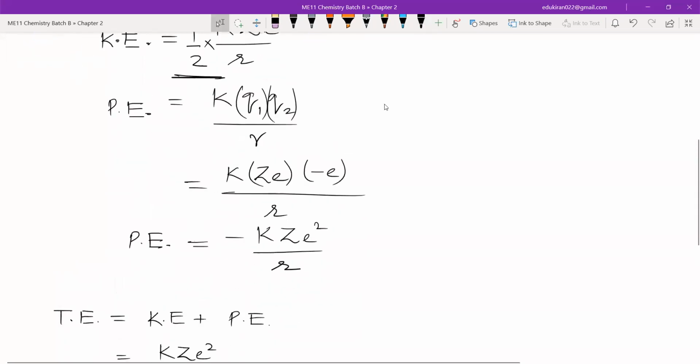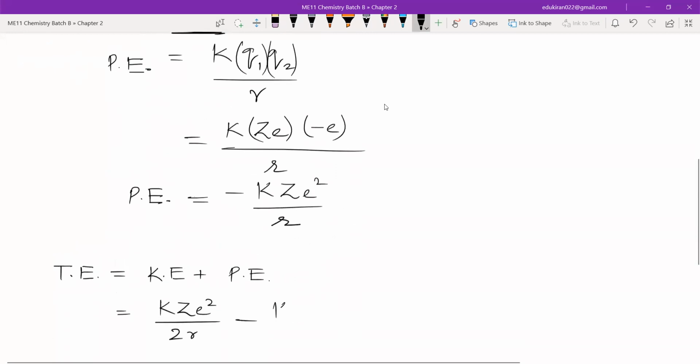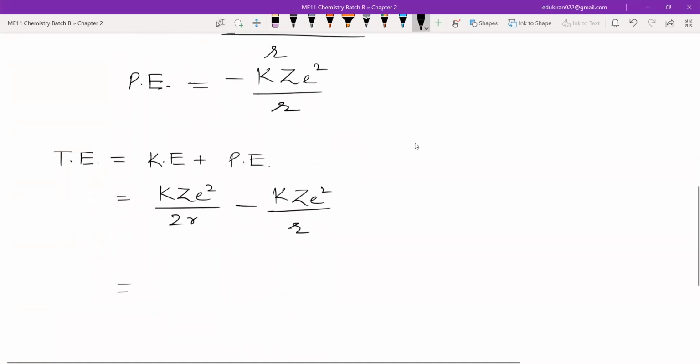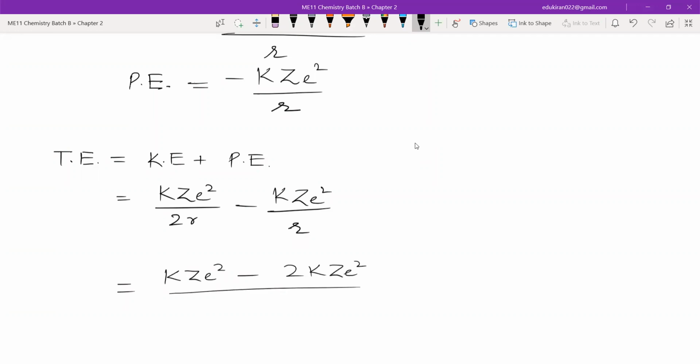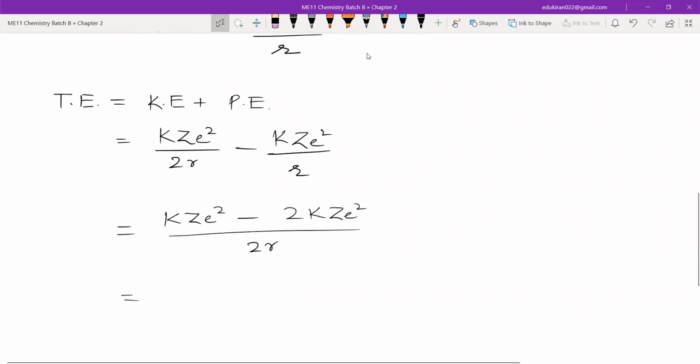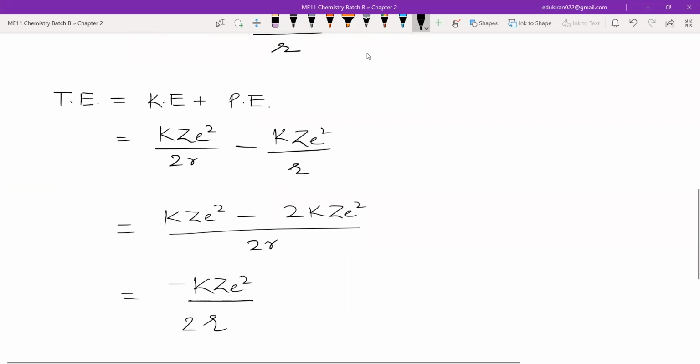Then you have minus KZe² upon R. So this will be equal to (KZe² minus 2KZe²) whole divided by 2R, and this will be equal to minus KZe² upon 2R. So this is the total energy.